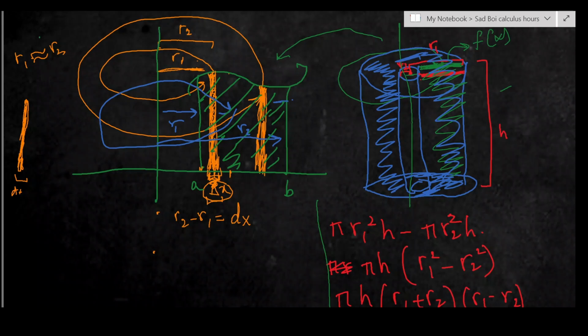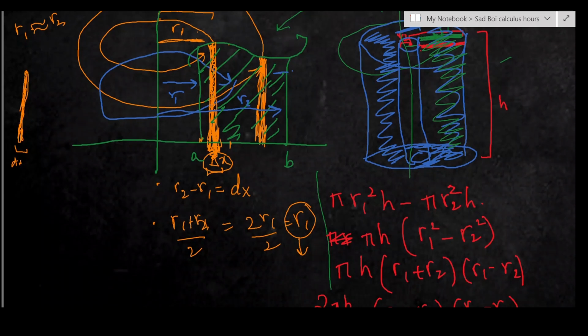Hence, the final and initial radii overlap. So you get the average radius, r1 plus r2 over 2, to be equal to 2 times r1 over 2, equal to r1. That is the value of x at that particular segment.